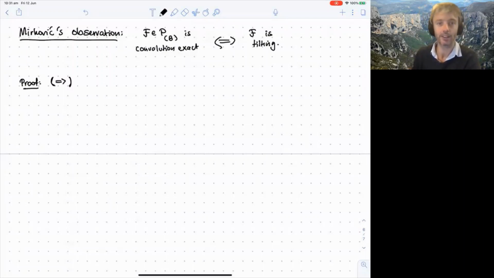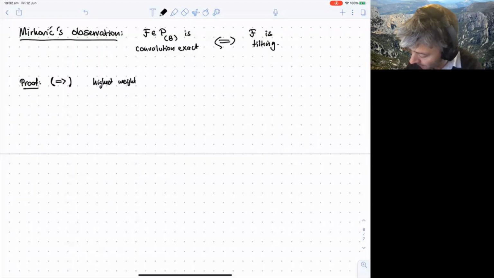Whereas this direction we actually need an idea. And so highest weight blah blah blah tells us that F is tilting.